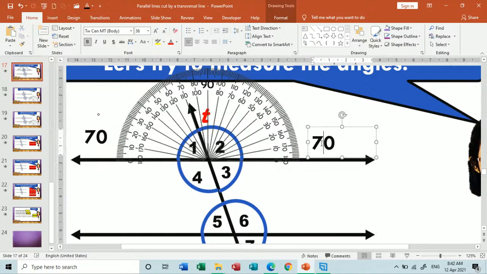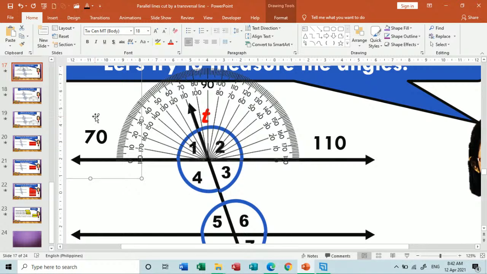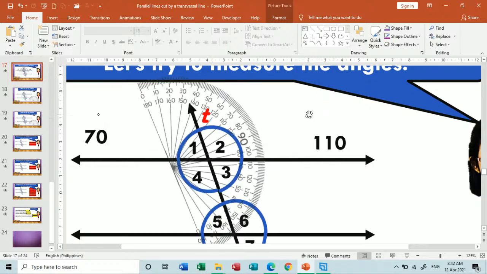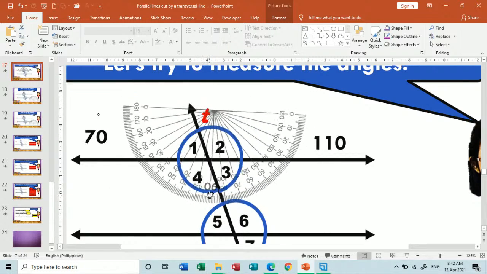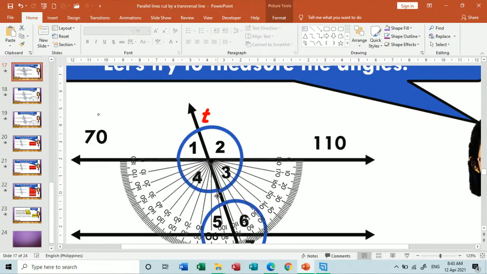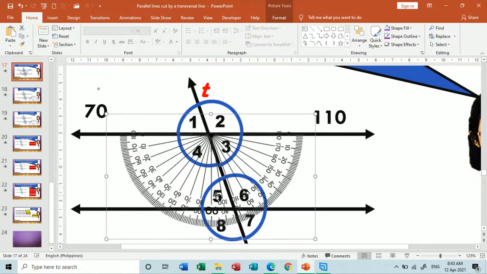So, that's correct. The measurement of it is 110 degrees. Now, how about the measurement of angle 3?